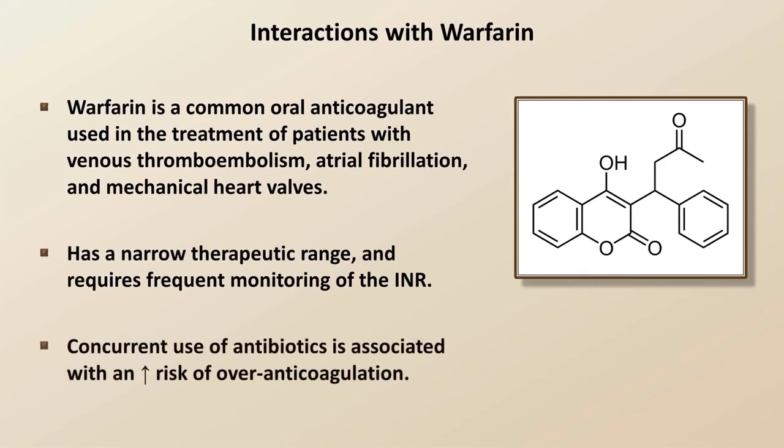Concurrent use of antibiotics is associated with an increased risk of over-anticoagulation. The major mechanism for this is via a disruption of normal intestinal flora that synthesize vitamin K, which is a cofactor for the body's endogenous clotting factors, and thus it antagonizes the actions of warfarin.